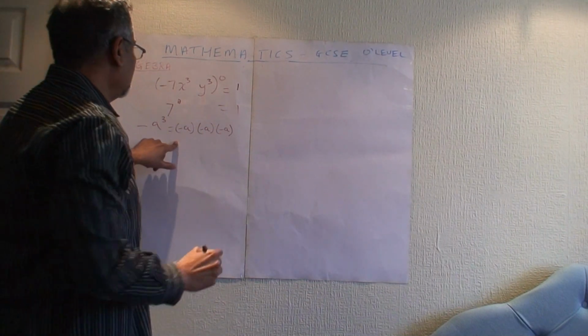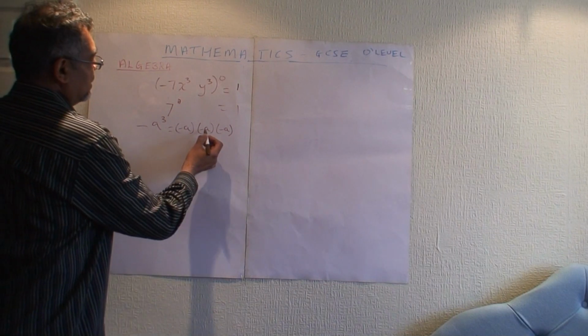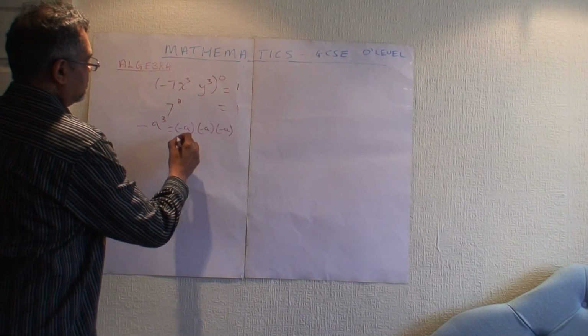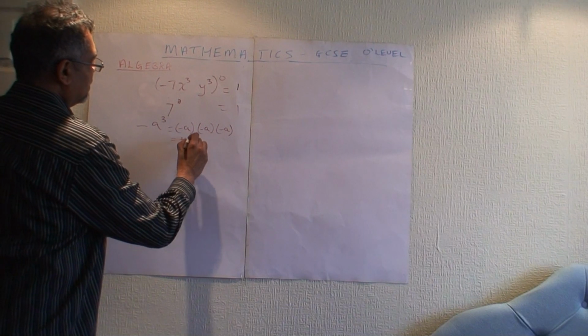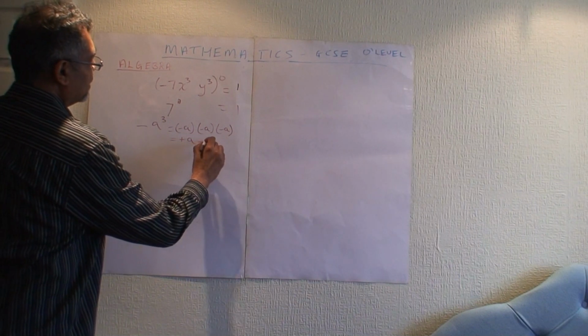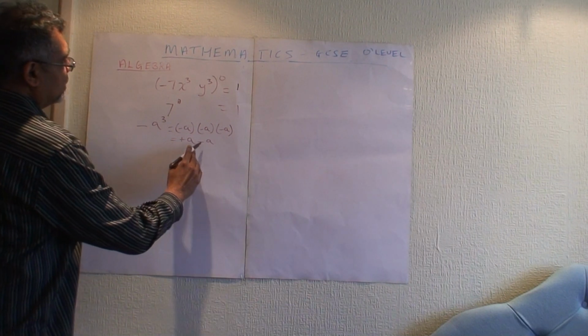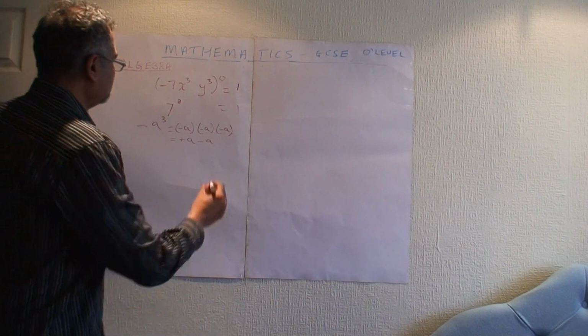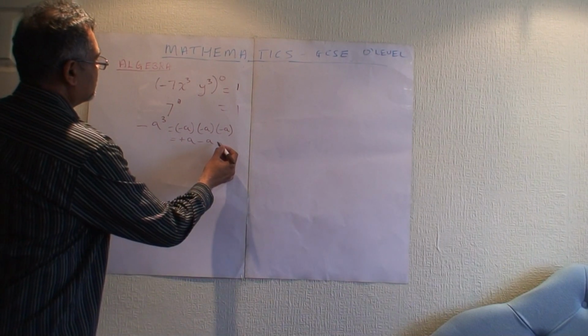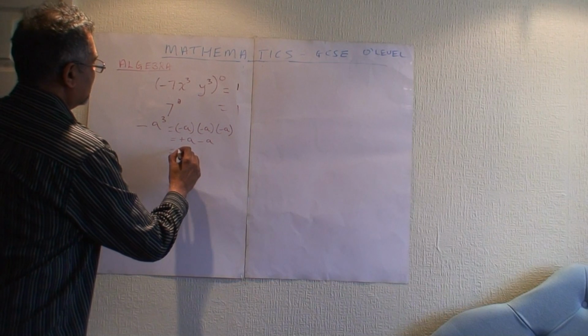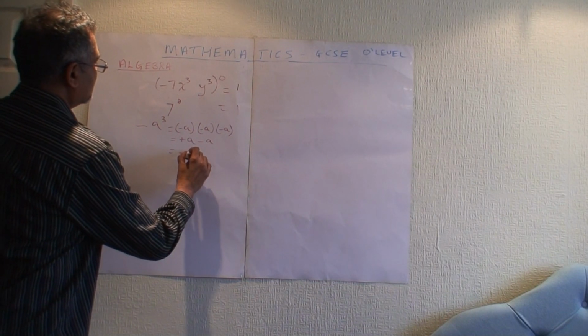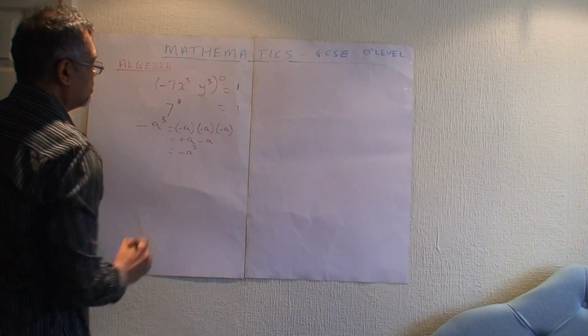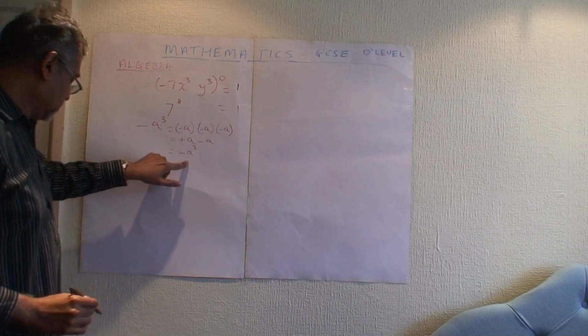Okay, that's what it's saying. But this minus and this minus it's a plus, so it's almost like it's a plus a, but then you're going to minus a. So plus and a minus will be a negative. Okay, but it will be minus a to the power of 3, which is the same thing here.